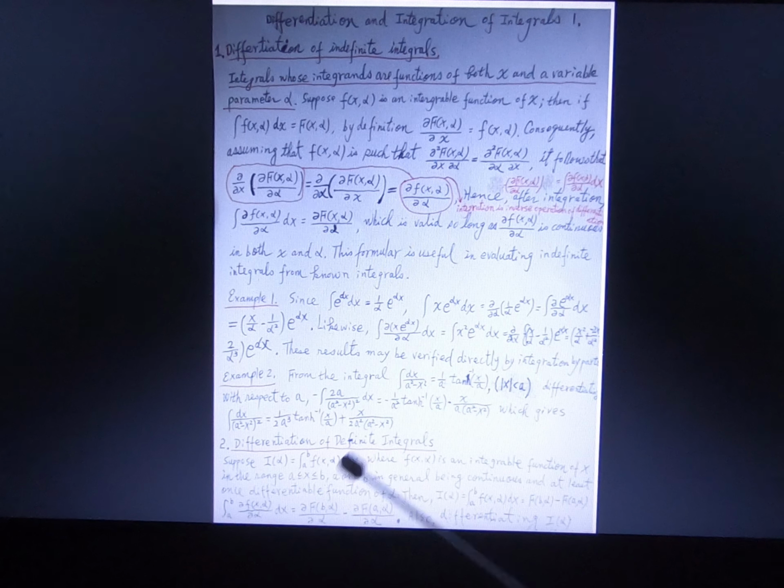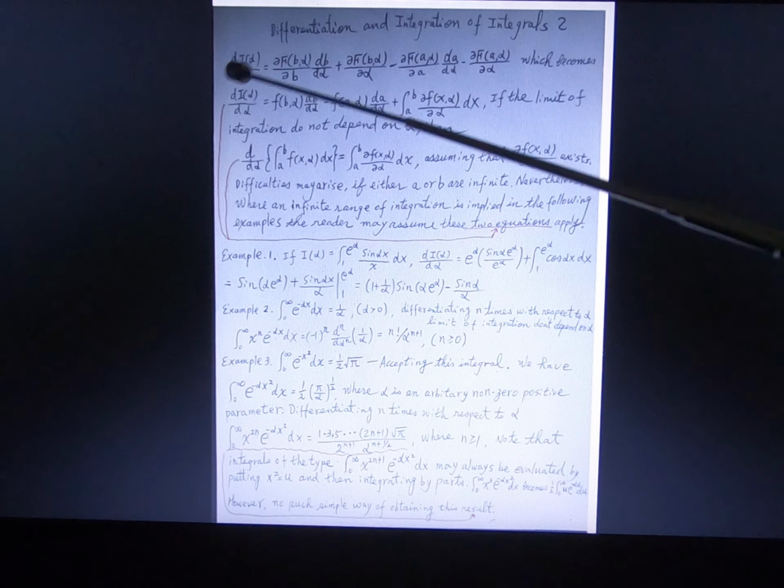Okay, suppose you have an integral from a to b, and you can see the integral from a to b is actually equal to this expression. And you can see if you integrate according to alpha, this will be this equation.